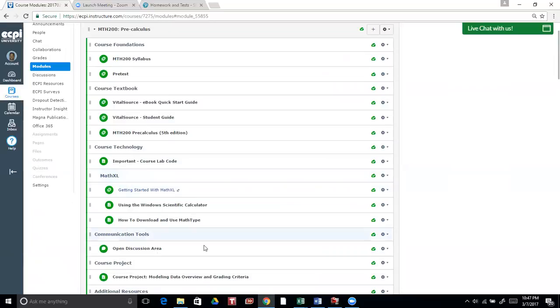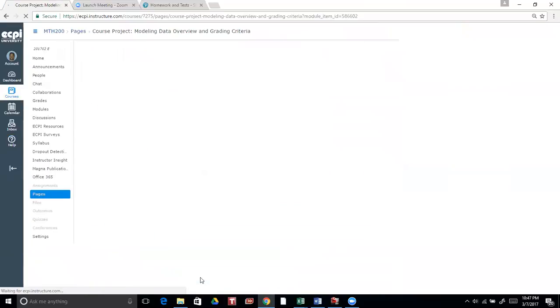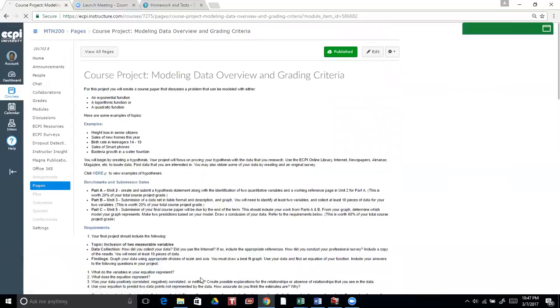And if we go to the course project, you see these are just different nonlinear models: exponential function, log functions, quadratic function. So examples of topics, titles: height loss in senior citizens, sales of new homes this year, birth rate, sales of smartphones, bacteria growth, and the water fountain.